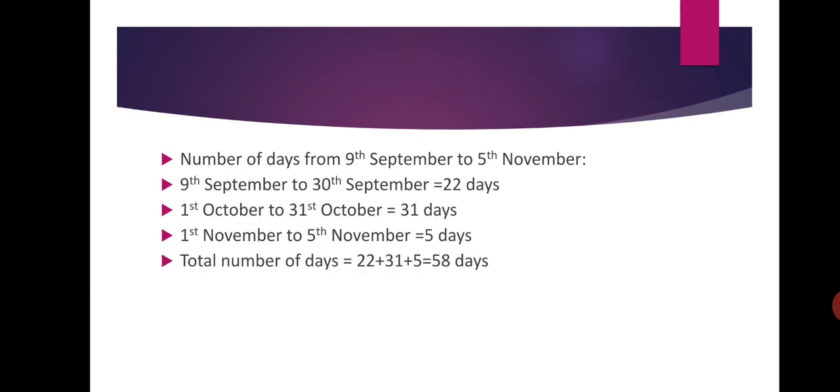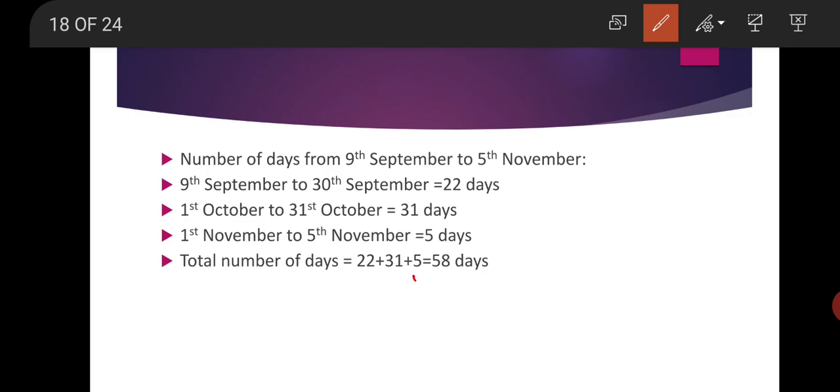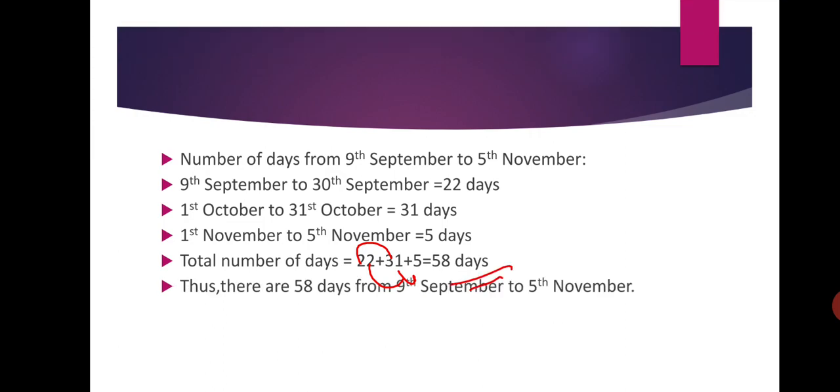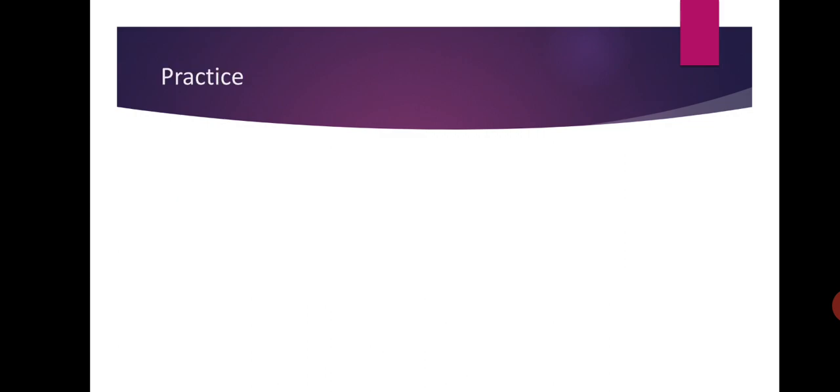So total number of days 22 plus 31 plus 5. Now do this addition orally. 5 plus 1, 6, 6 plus 2, 8, 3 plus 2, 5. So total number of days is 58. Thus there are a total of 58 days from 9th September to 5th November.